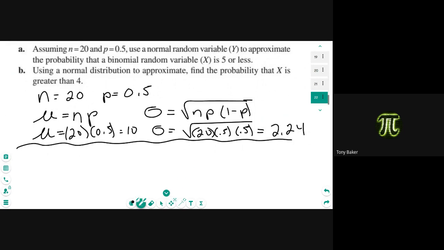So we got the information we need. Now we can do question A. They want to know the probability that the random variable is 5 or less.